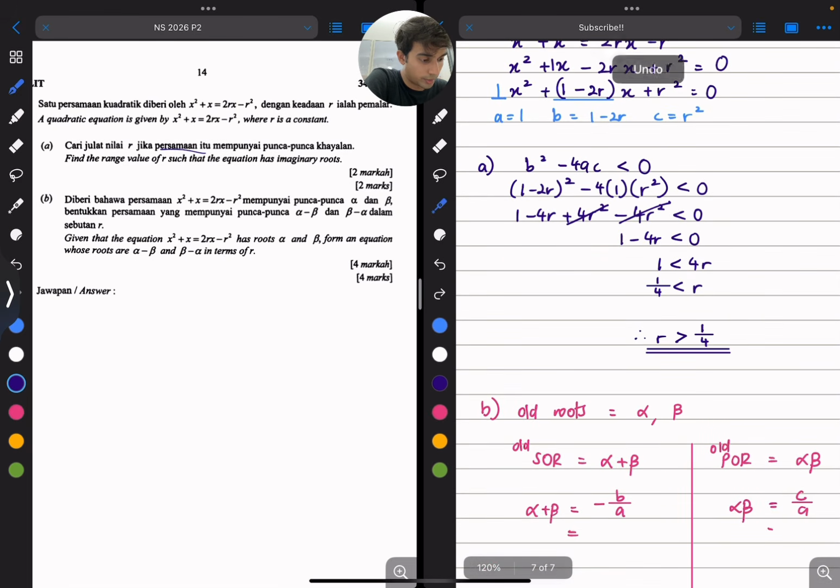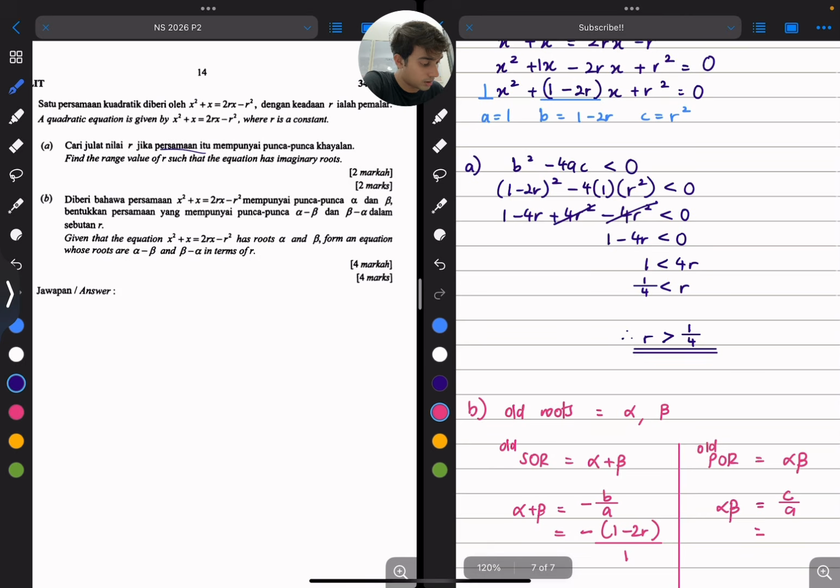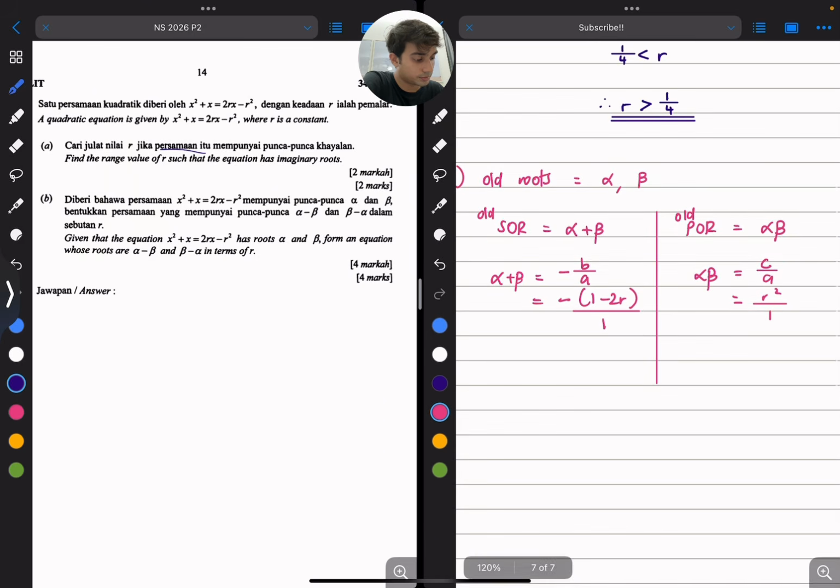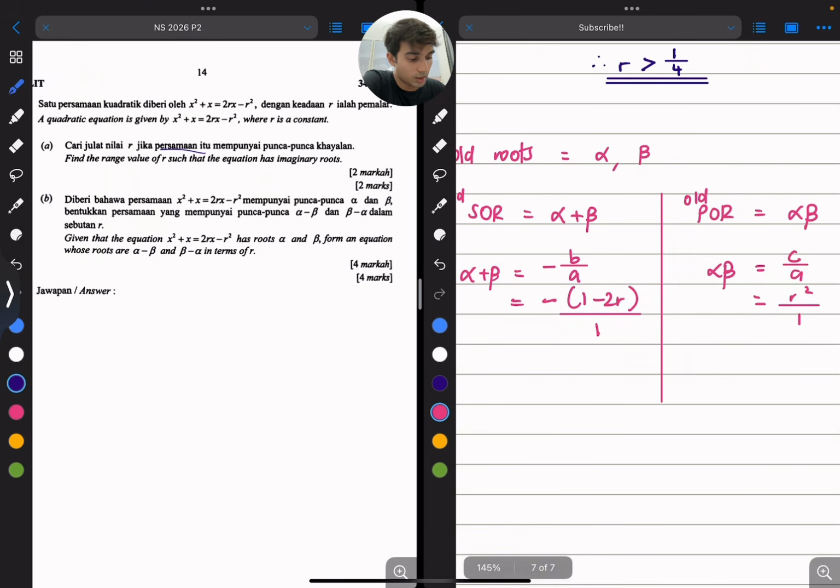So here b is this. So negative 1 minus 2r over a. c will be r square. So r square over a. Right, so the over one actually is no need to write, so can lah. Okay, so I just erase that. We already found r.